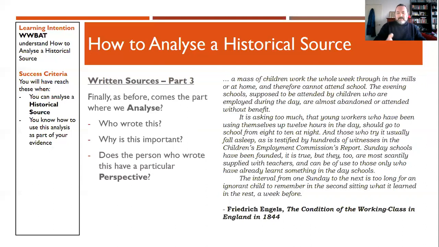That, to an extent, almost doesn't matter for a generalized thing, but these are the questions we need to be thinking of. Who wrote it? Why is it important? Does that person have a perspective or a bias? The bias is important as well, because every person who writes anything down as a historical document has an agenda. They always have some kind of bias to where they're coming from.